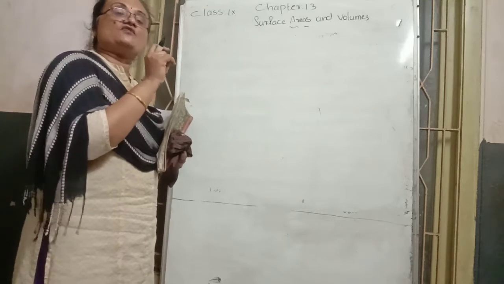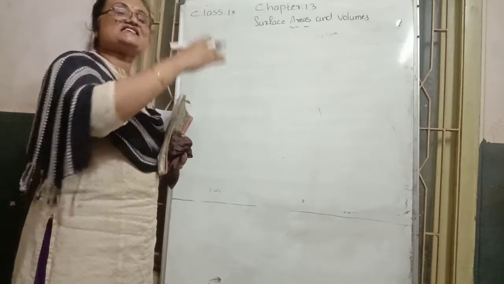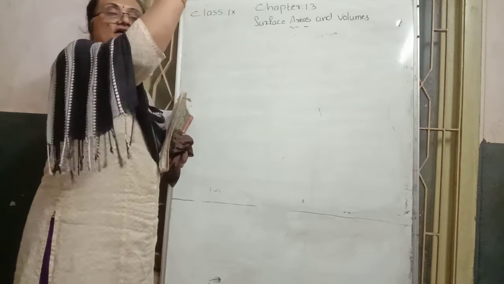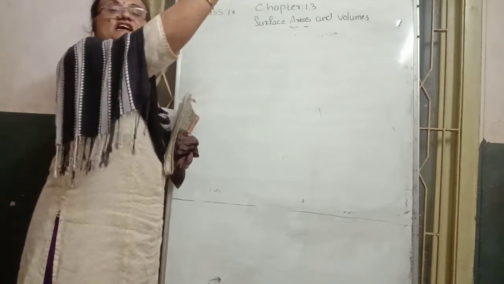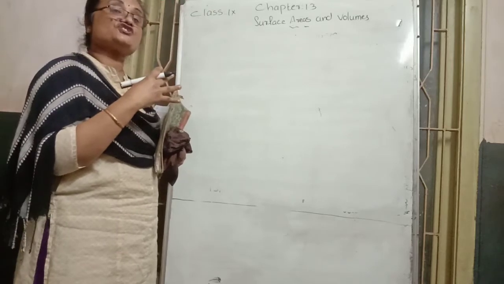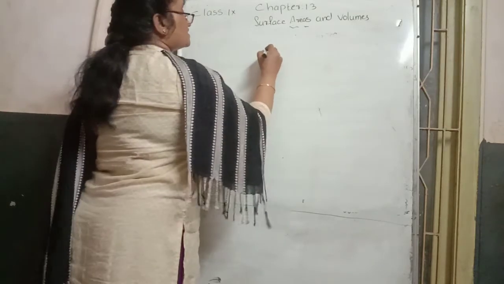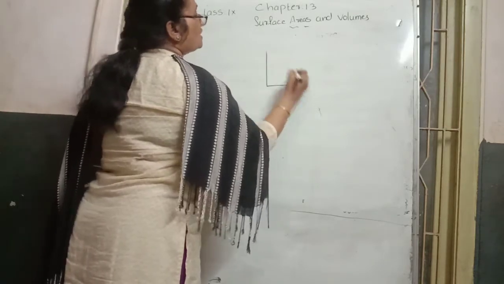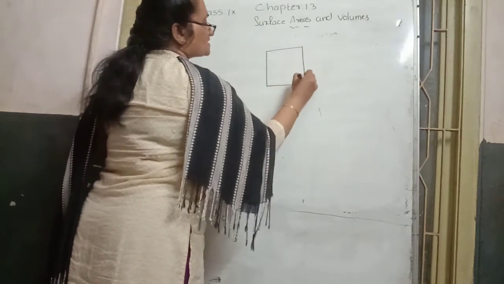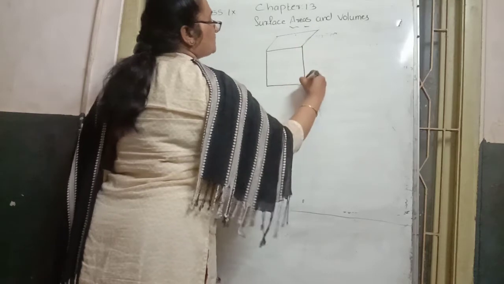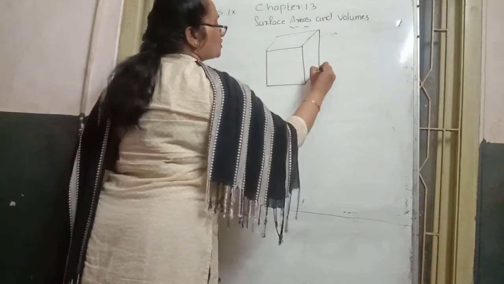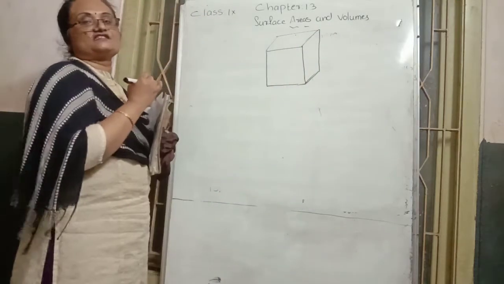So he uses tarpaulin and constructs a structure in the shape of a box to make a shelter. Box means which shape? Cuboid shape, like this. He makes the shelter for keeping his car.